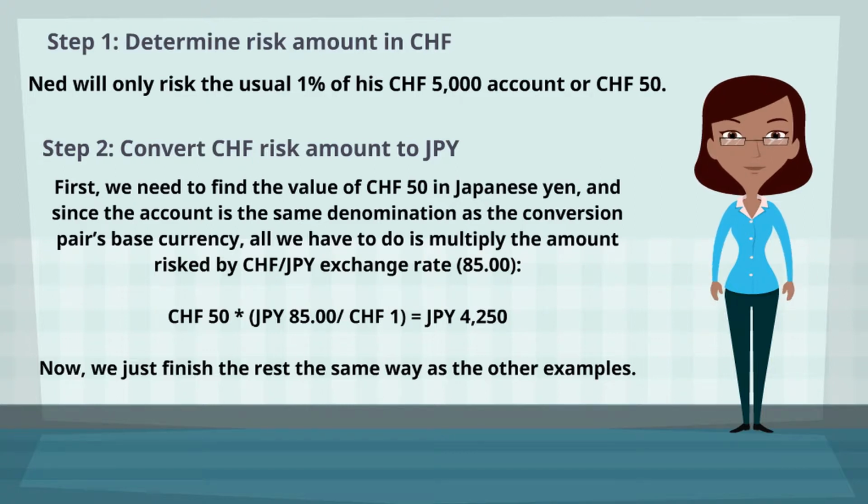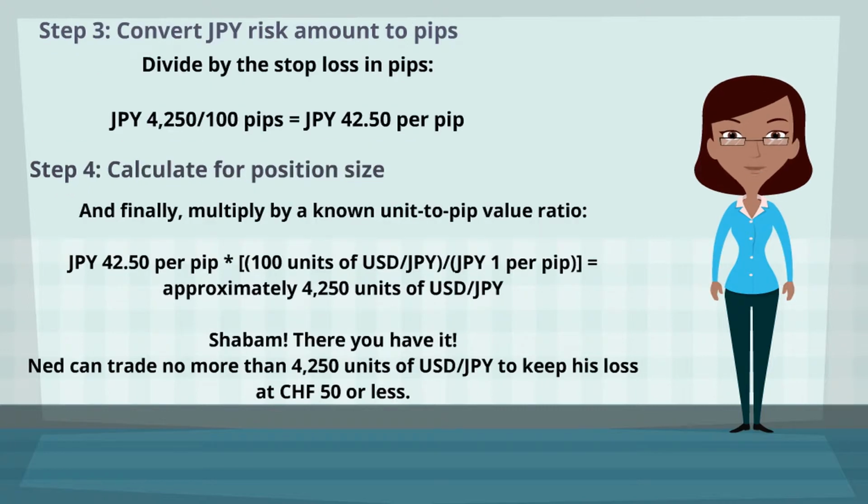Now, we just finish the rest the same way as the other examples. Step 3. Convert JPY risk amount to pips. Divide by the stop loss in pips. 4,250 Japanese yen divided by 100 pips equals 42 Japanese yen and 50 cents per pip.